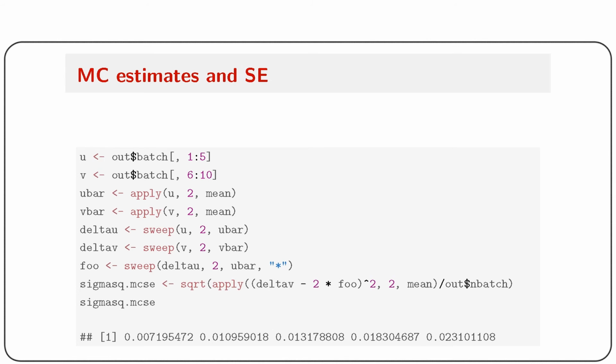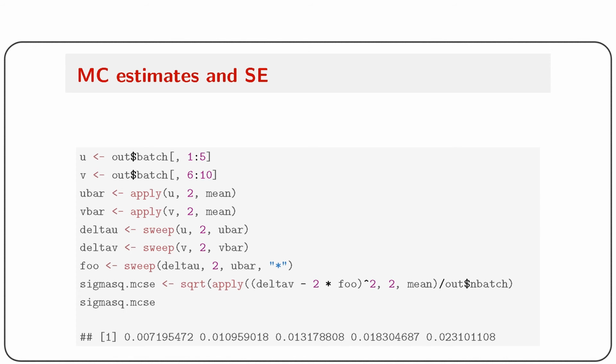Then foo equals the sweep of delta u multiplied, with the asterisk sign, by delta tau, and by this expression you will get the sigma square MCSE. So sigma square MCSE can be calculated by this expression.